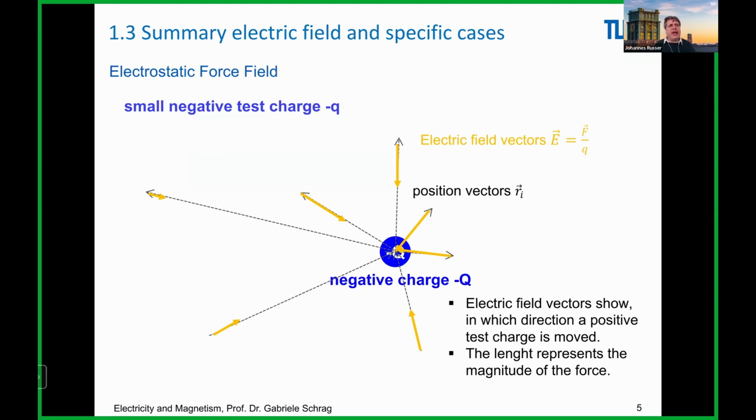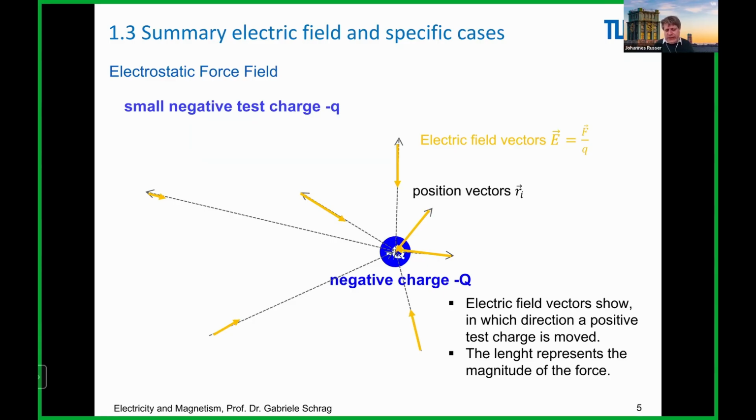Now you have a single negative charge located here, and we have an electric field, but the electric field only reveals itself once you bring some charge into it. Otherwise, there is no effect that you can tell that there is an electric field. Only in the presence of charge will you notice that there is a force, and this justifies the concept of the electric field.